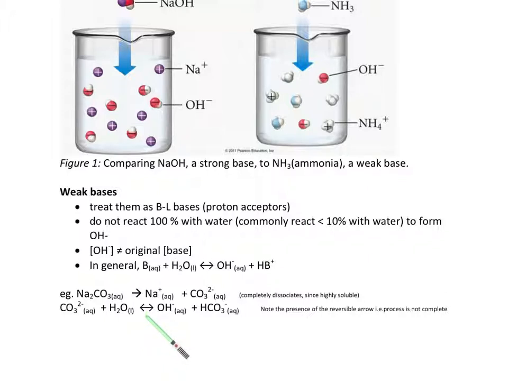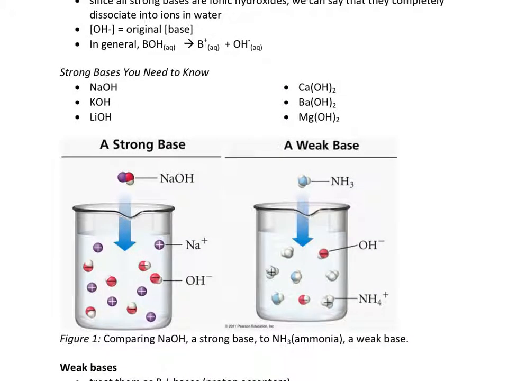And so you might be asking, what are some other examples of weak bases? Well, just like we said for weak acids, if it's not strong, it's weak. And so you have the list of strong bases given up above here. If it's not in this list and you're given it, then it will be a weak base.